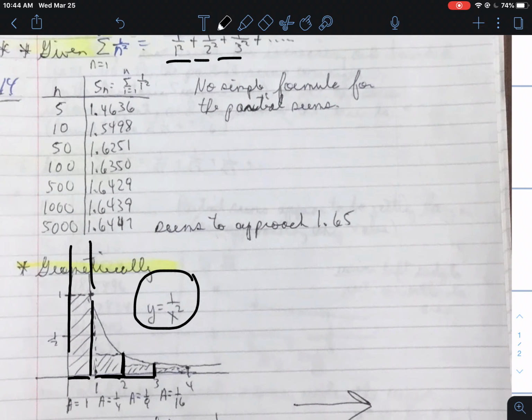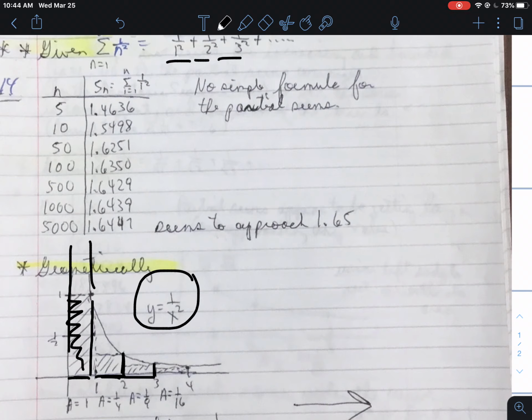I'm just going to start this at x equals 1. So in other words, let's just ignore this first piece of the rectangle, and let's look at the integral from 1 to infinity of 1 over x squared. And we'll take this first rectangle to have an area of 1 square unit, and we'll just add that to that integral from 1 to infinity.